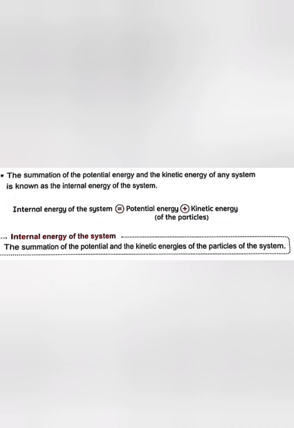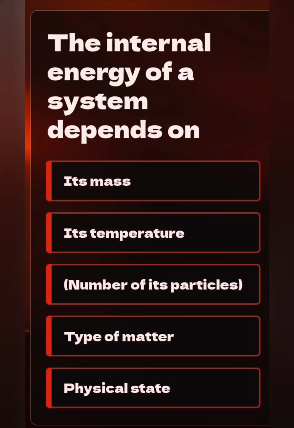The internal energy increases when either the kinetic energy, the potential energy, or both increase. Okay? The internal energy of a system depends on its mass, its temperature, the number of its particles, the type of matter, and its physical state.